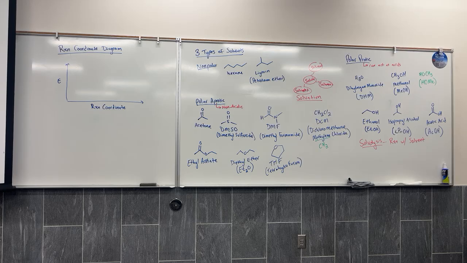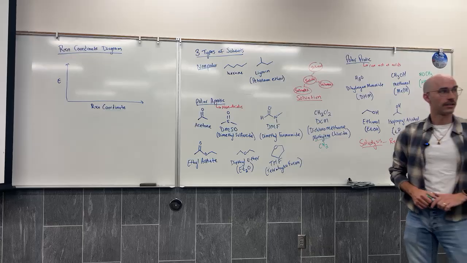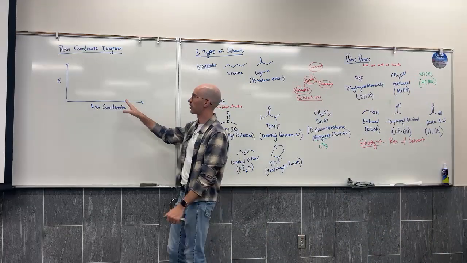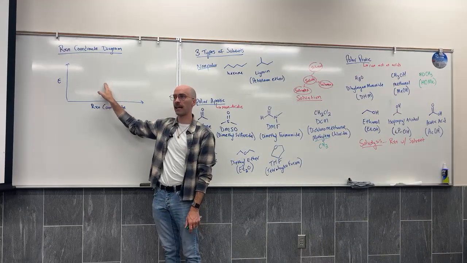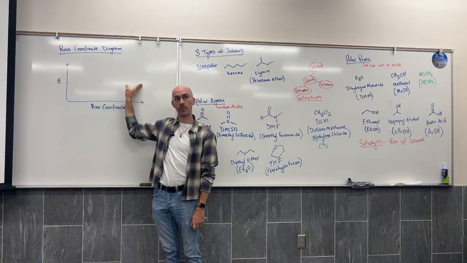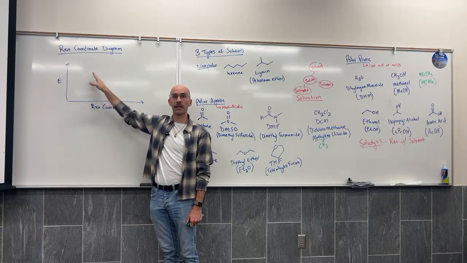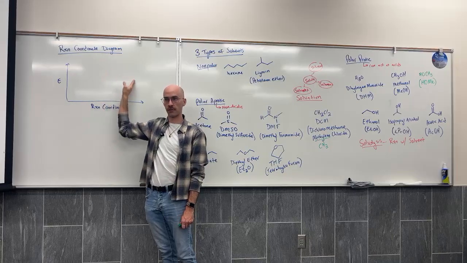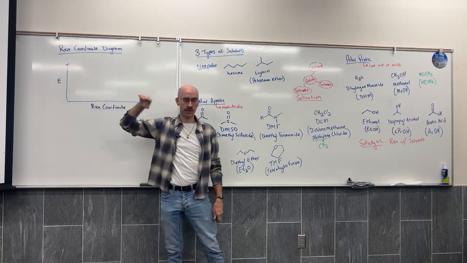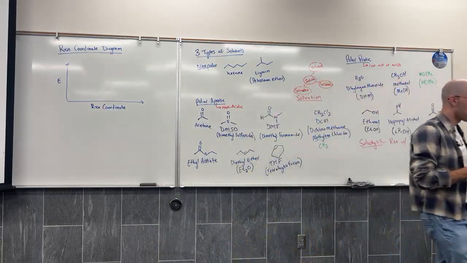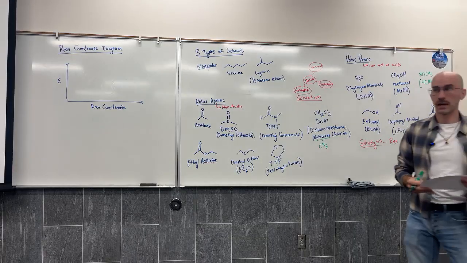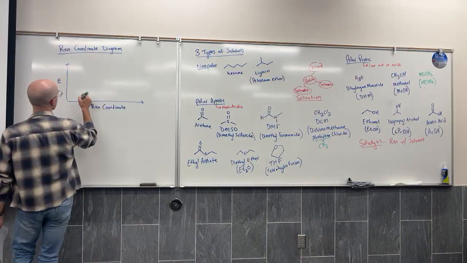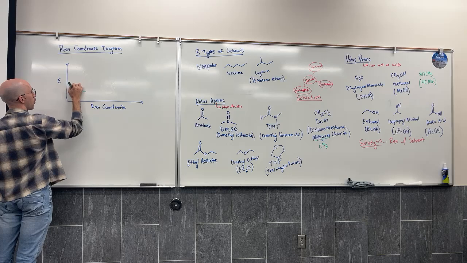Some reaction coordinates are bidirectional. We can show a starting material that can either form one product or another, and we can actually show two directions of a reaction coordinate, two different reactions from the same starting material. There's several components of the reaction coordinate. First, the reagents or the starting material.